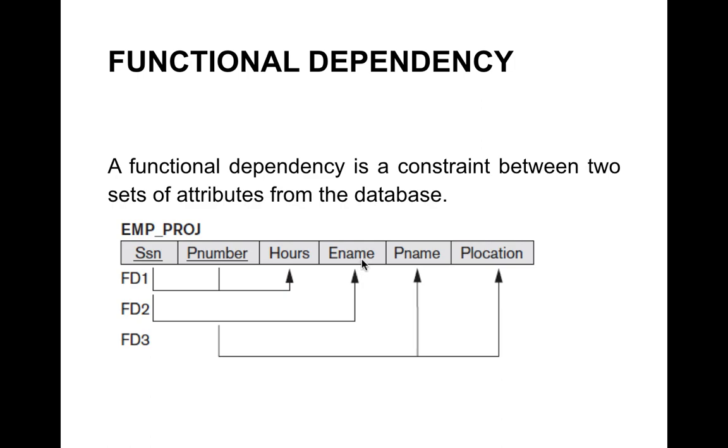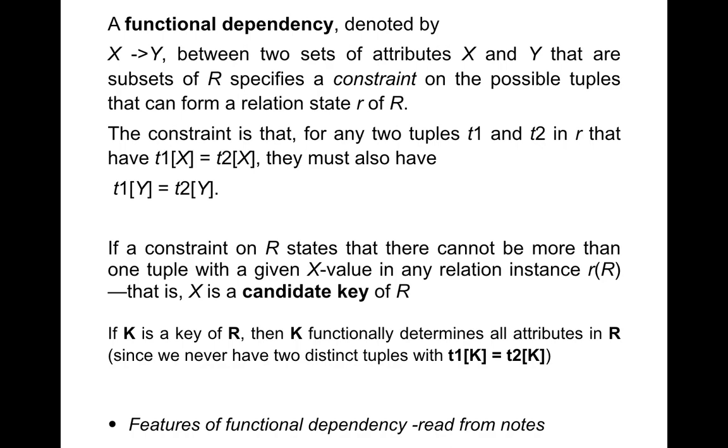We get to know the name of the employee from SSN, and from project number we get to know the name of the project and the location of the project. So actually from these two we can get to all the attributes. So the primary key actually leads us to all the attributes. There are certain features of functional dependency listed in your notes. You may just read those features.